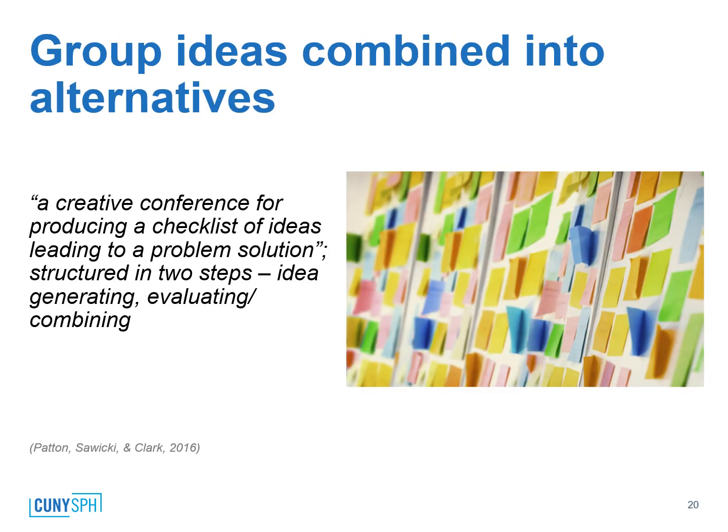Next, we have group idea generation and synthesis, which can be described as a creative conference for producing a checklist of ideas that lead to a problem solution. Typically, this unfolds in two stages. Under idea generation, we encourage participants, such as analysts, stakeholders, and community representatives, to brainstorm as many potential approaches as possible while suspending their judgment.